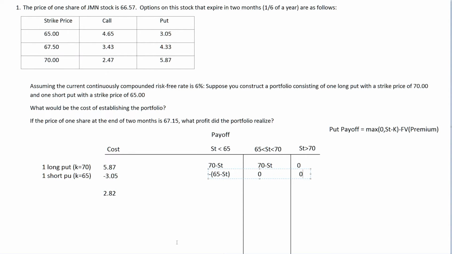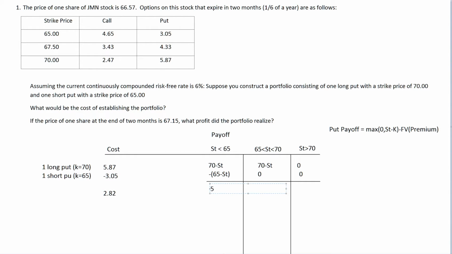So we've got to add these two up. Let me just get a line here. So when we add these two columns up, we have 70 minus the 65 and the negative S_T plus S_T.